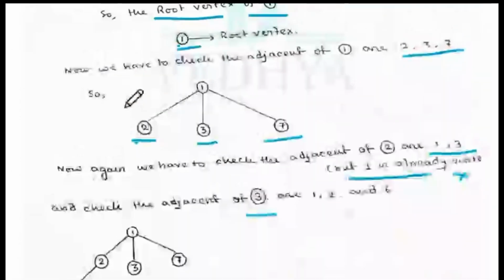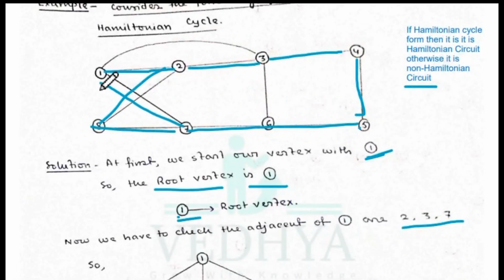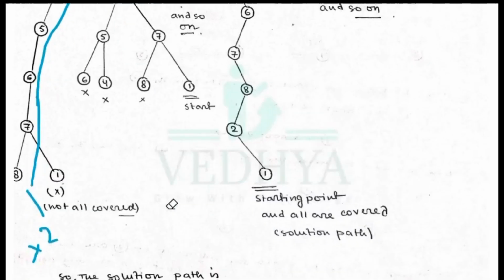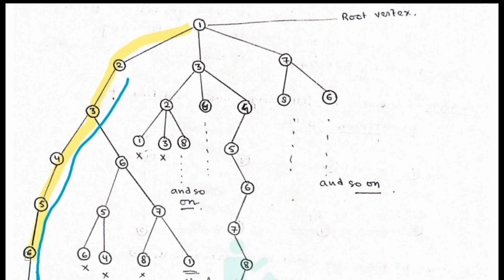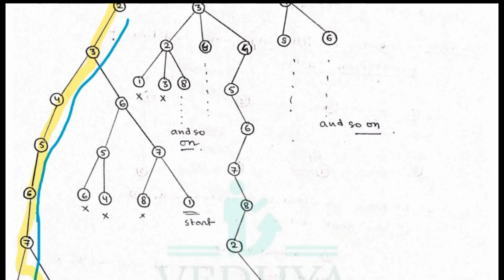Then there is another path, 7 to 1. Now the starting point and ending point are the same, but vertex 8 is not visited. The path is 1 2 3 4 5 6 7 and then 1.